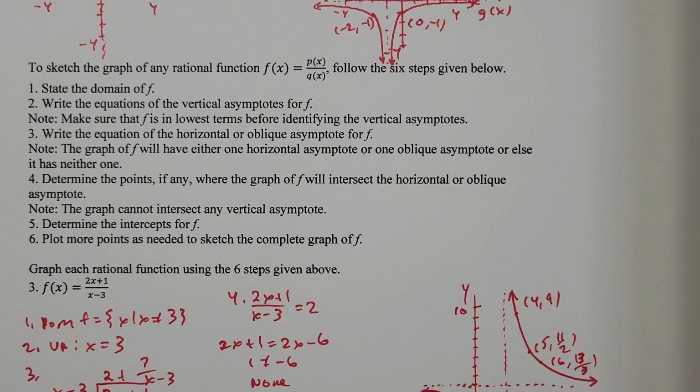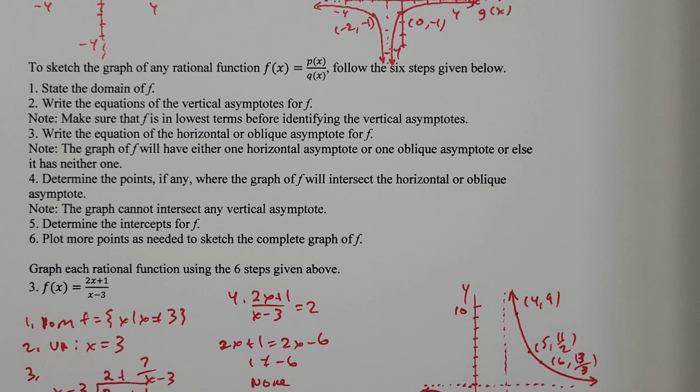Step 3, write the equation of the horizontal or oblique asymptote for f. You're going to get that by dividing if the degree of the top is equal to or one more than the degree of the bottom. Otherwise, if the degree of the top is less than the degree of the bottom, you're just going to write y equals 0.